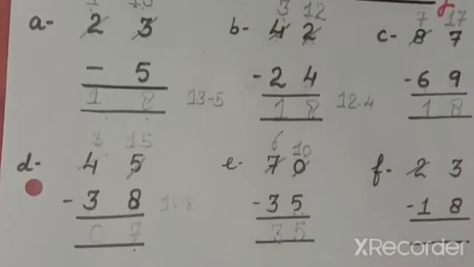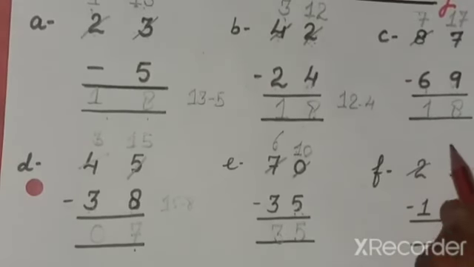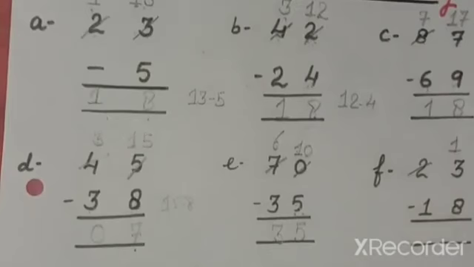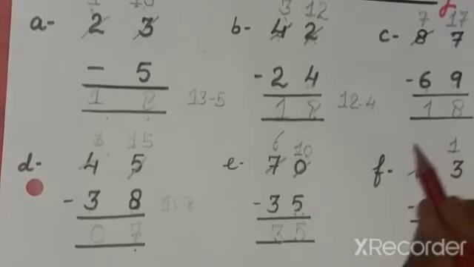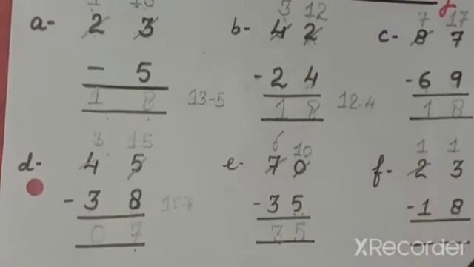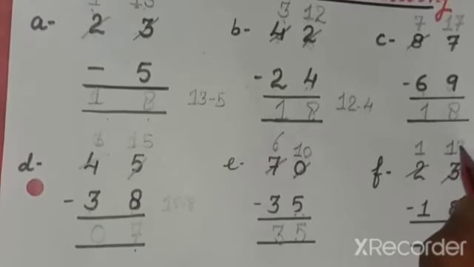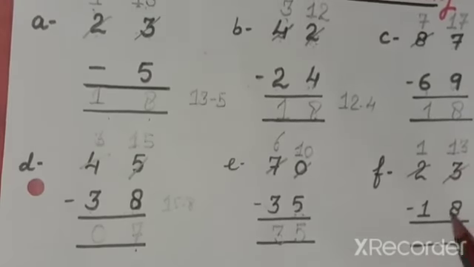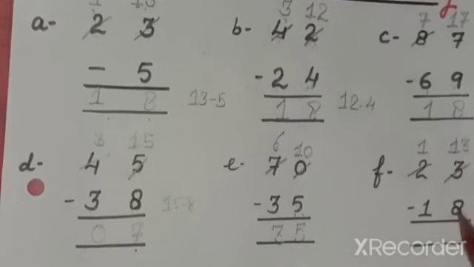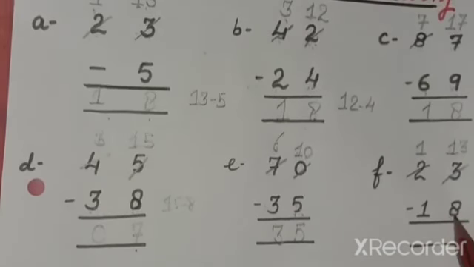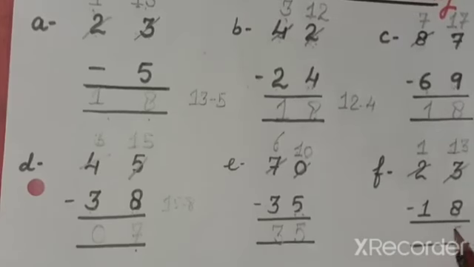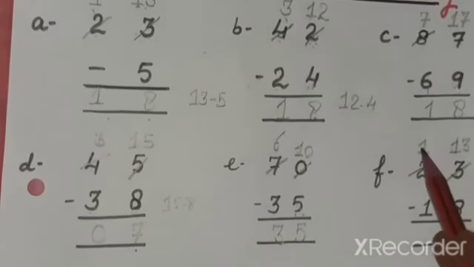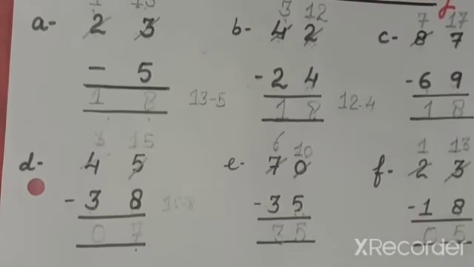We will borrow. 2 will give 1 to the ones place digit, and we replace it with 1, because 2 minus 1 is equal to 1. Write the crossed number after 1. Now it is 13 minus 8. 13 minus 8 is equal to 5, and 1 minus 1 is equal to 0.